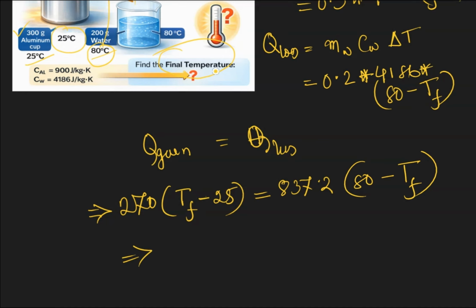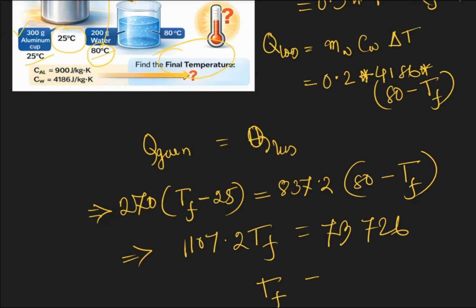So we could write down 1107.2 TF is equal to 73726, and TF is equal to 66.6 degrees Celsius. So this is the final answer for the question, right?